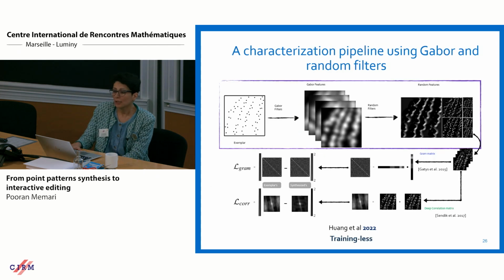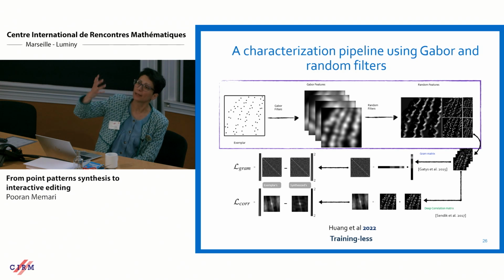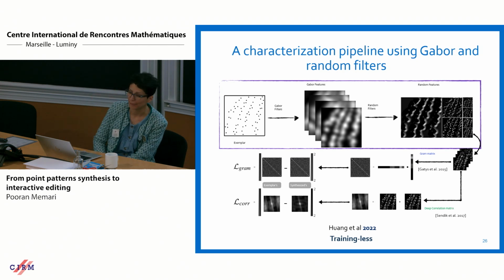So we came up with, again in this context of example-based approaches, something simple and accessible, in the sense that we didn't want to have any training here. We just got inspired by the convolutional layers that are used in machine learning in order to come up with a model that would extract all the features from the patterns that we had.